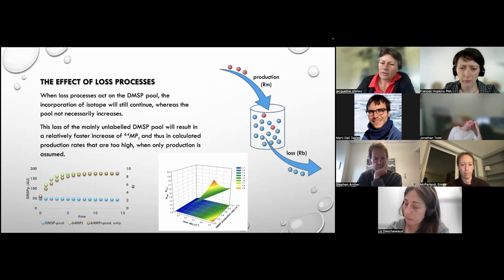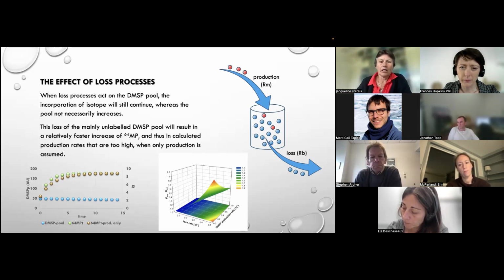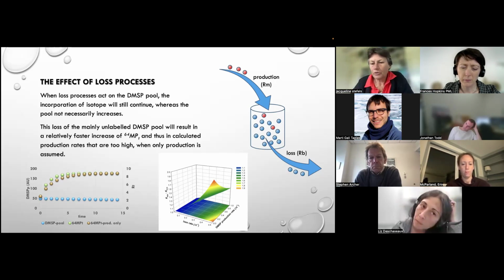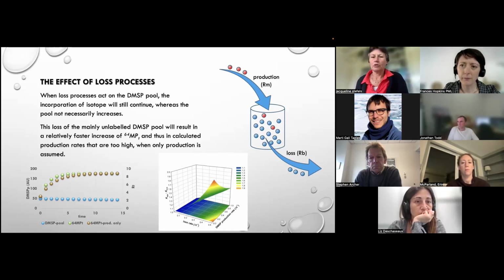Of course, that all depends on how long you wait between your T0 and the moment that you get your sample. As the previous example already showed, if you follow your incubations for only a few hours, then usually that suffices and gives you a proper estimate of the production rates of phytoplankton.